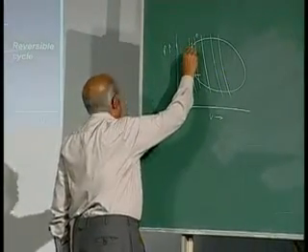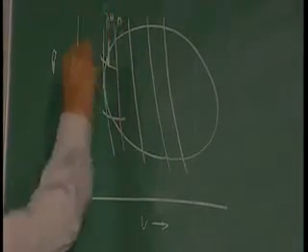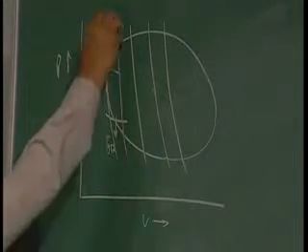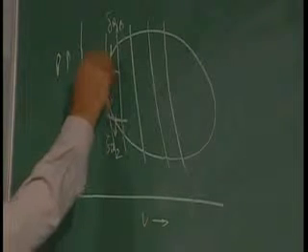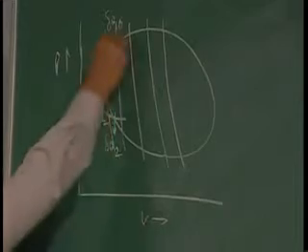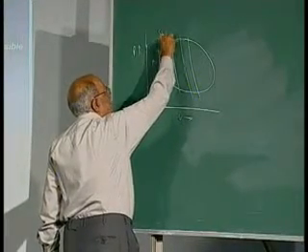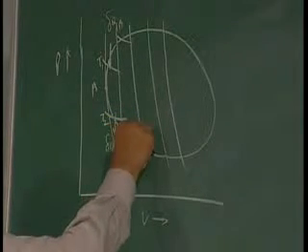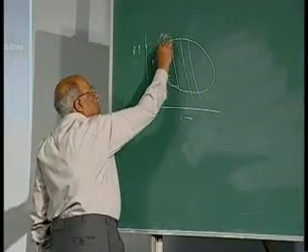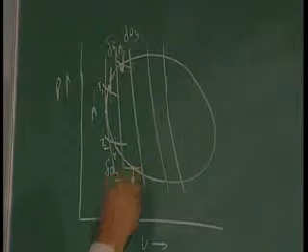A certain quantity of heat is supplied here, dq1, and heat rejected here is dq2, at temperature T1 and temperature T2. Similarly, this process is replaced by two adiabatics and an isotherm, and this process is also replaced by two adiabatics and an isotherm, where certain quantities of heat dq3 and dq4 will be exchanged.